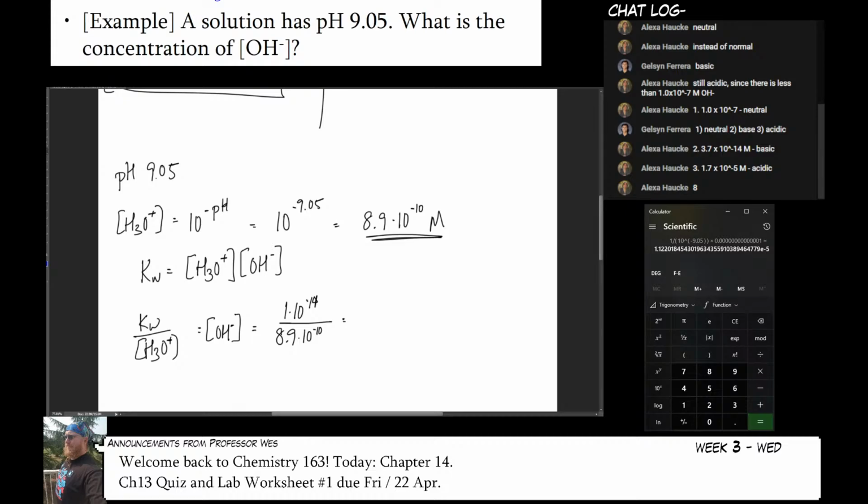And when you do this calculation, you should get this. And if you're wondering what I did on the calculator, I had 8.9 times 10 to the minus 10 in there, so I hit inverse. So I was taking 1 divided by that number times Kw, which is essentially what I did here. So there you go.